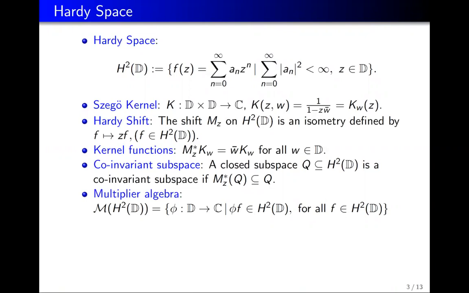One may not necessarily always have that. So with respect to this norm, you can define a norm on this space of multipliers by borrowing it from the associated multiplication operator, meaning you can define the norm of phi to be the norm of the operator M_phi.